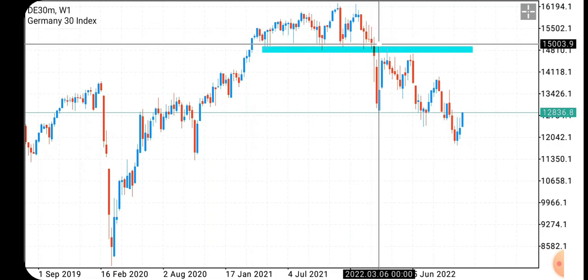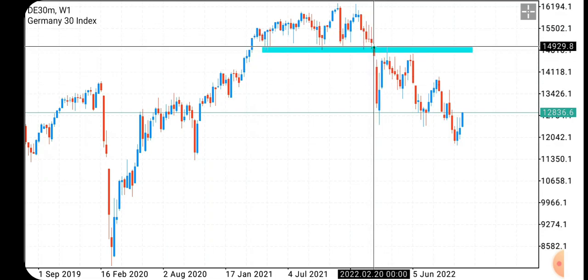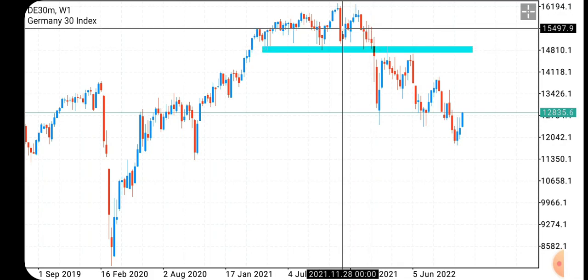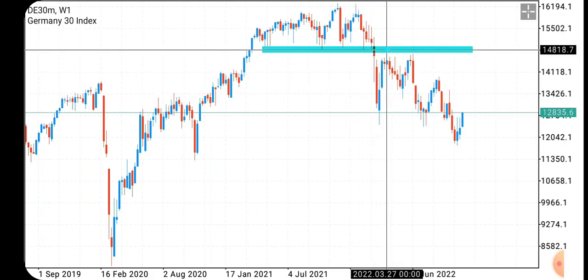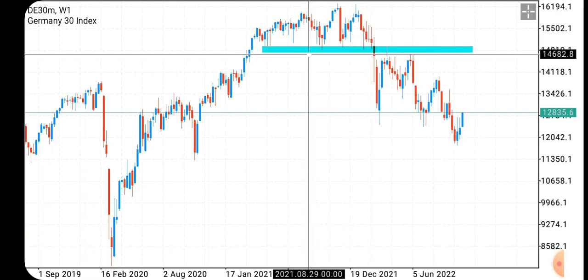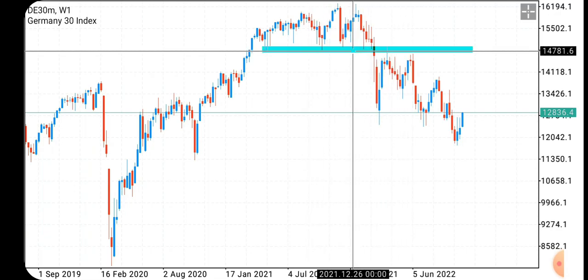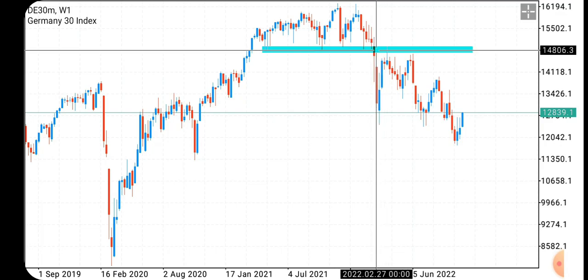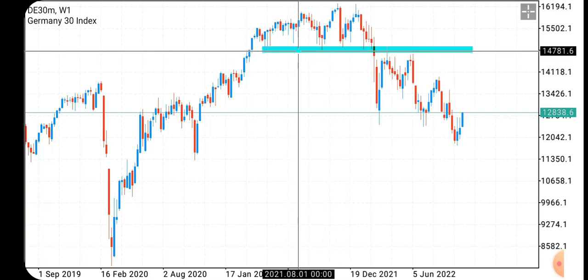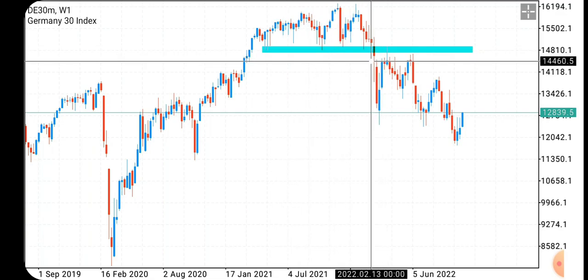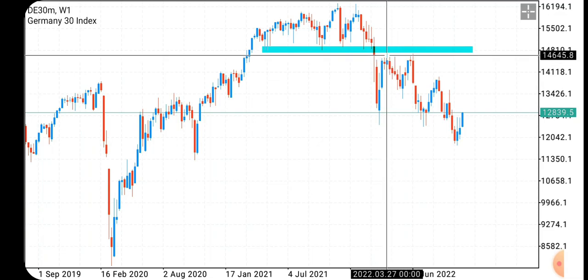But immediately after breaking the structure, you see that the market gave us a retest, making this support now a resistance. Now it is acting as a resistance on this side. It is no longer acting as a support. On your left hand side, it was acting as a support, but right now it is acting as a resistance.